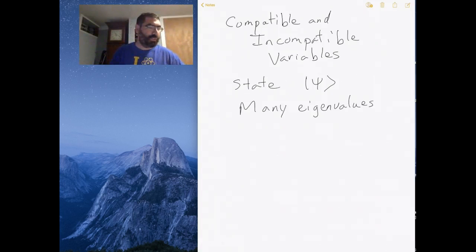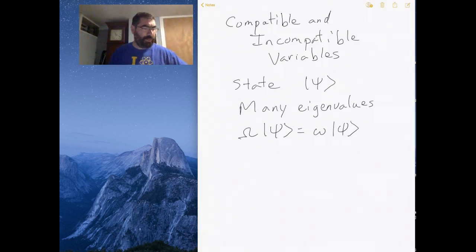Usually, if we want to make a measurement, we apply an operator to the state, which produces a single eigenvalue, which we're going to call lowercase omega.